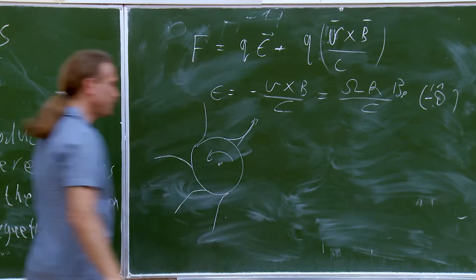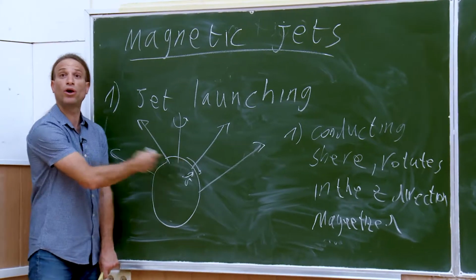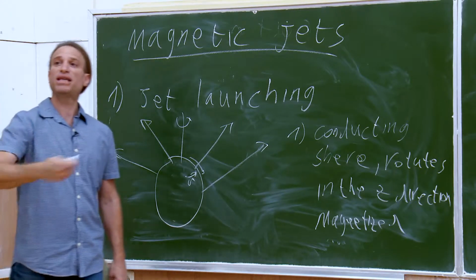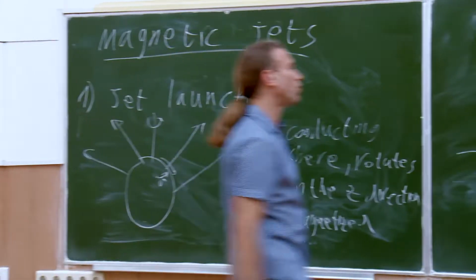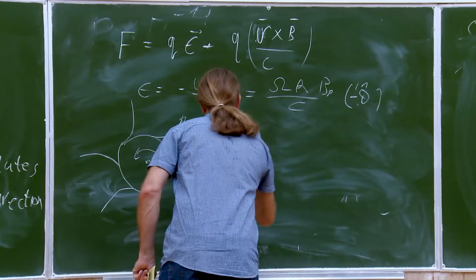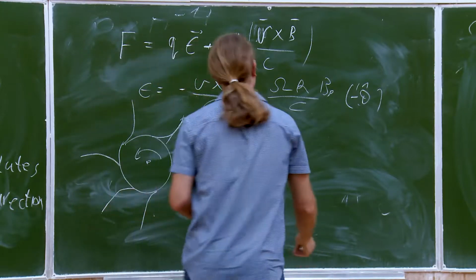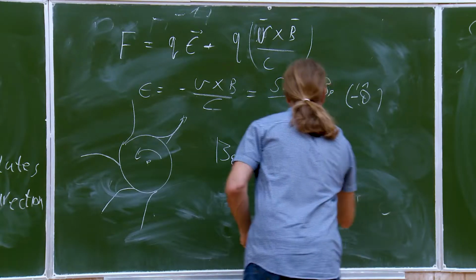And this drag will develop a toroidal component to the magnetic field. So just from rotation, I'm getting a toroidal component. And the value of this toroidal component, B phi, will be equal to omega R BP.